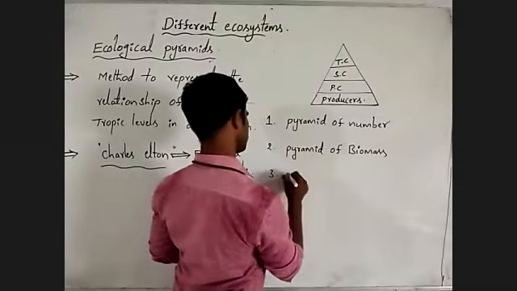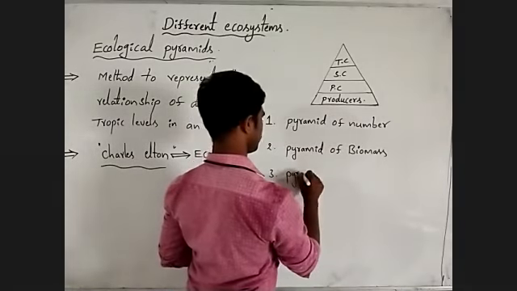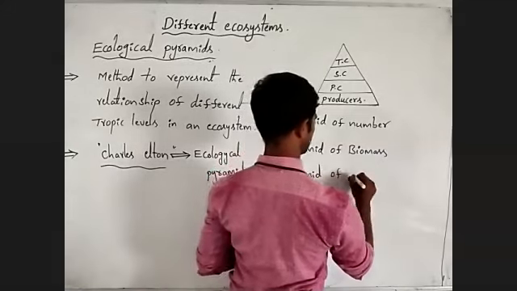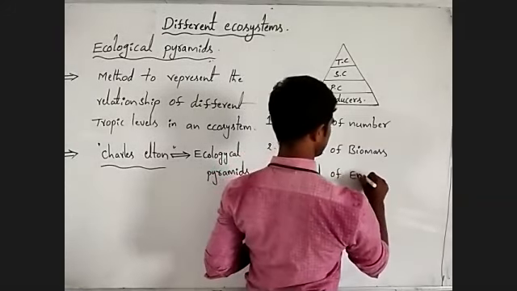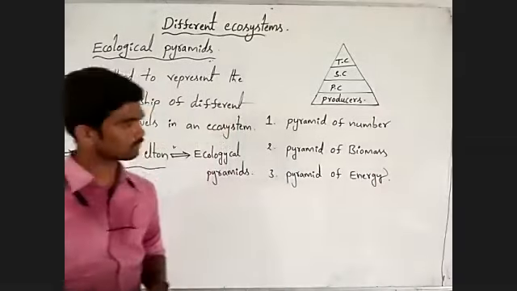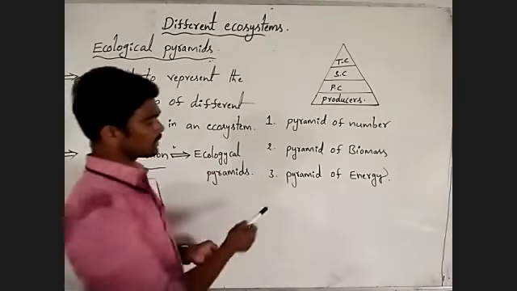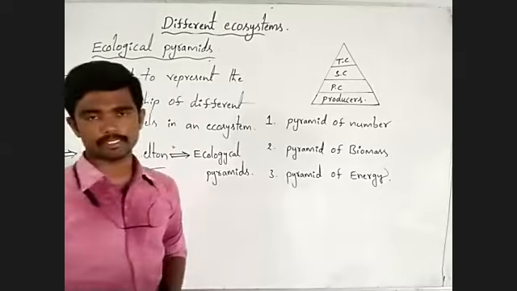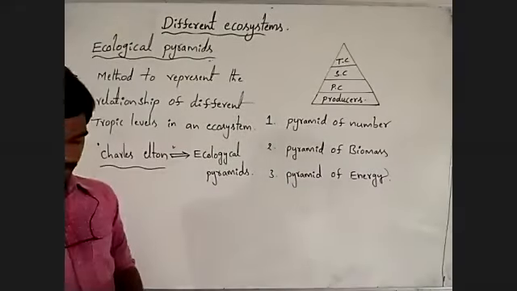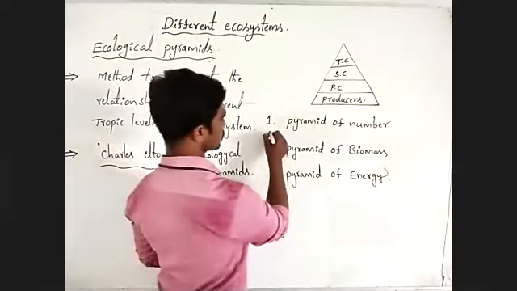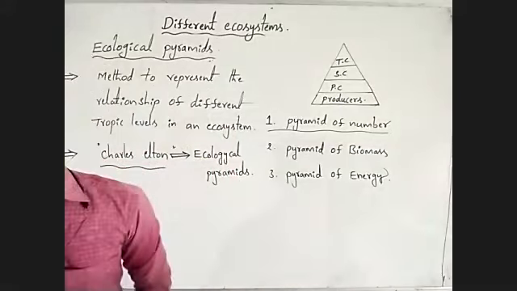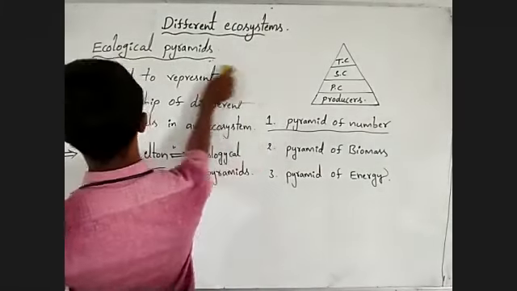Third one, pyramid of energy. These are three types of ecological pyramid. First, let us study the pyramid of number.